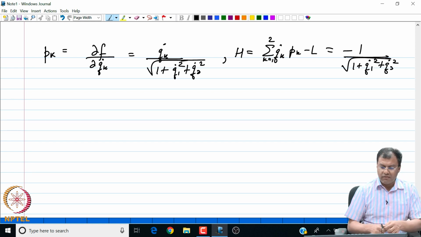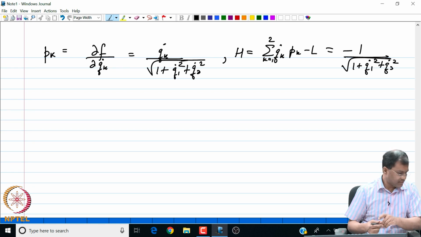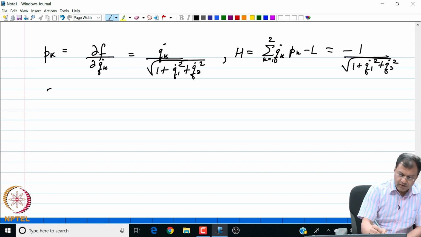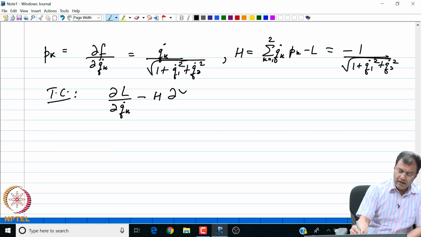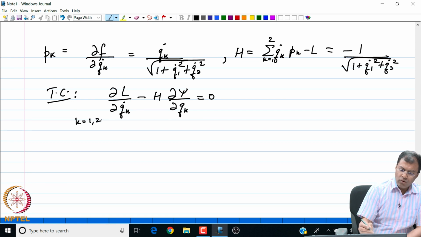I see that my transversality condition reduces to the following. This is the set of transversality conditions derived in my previous slide: del L del qk dot minus H times del psi del qk is equal to 0, for k equal to 1 and 2.